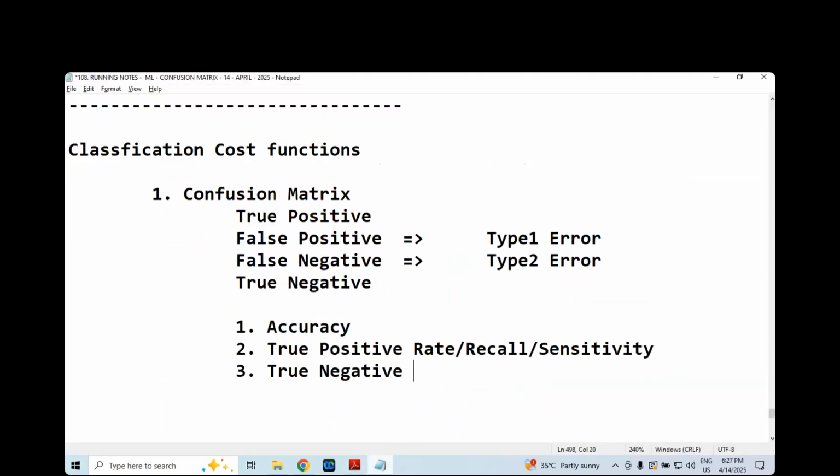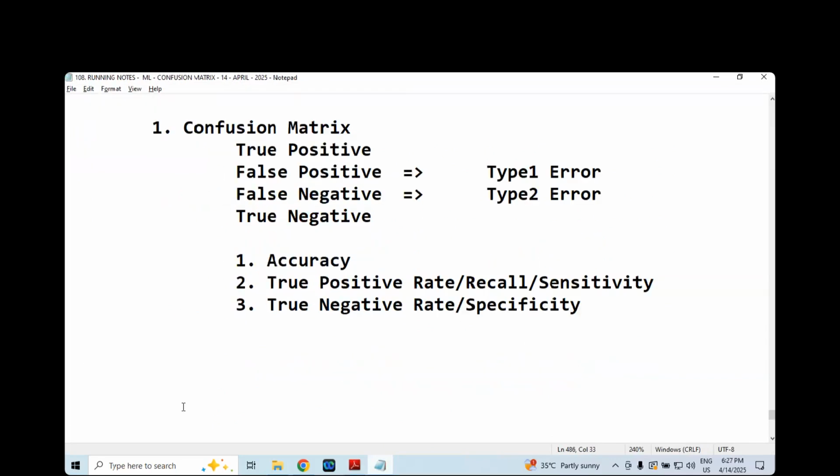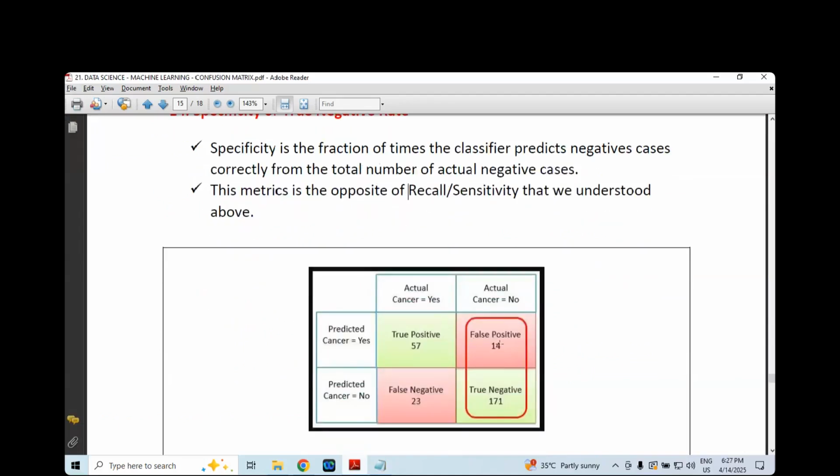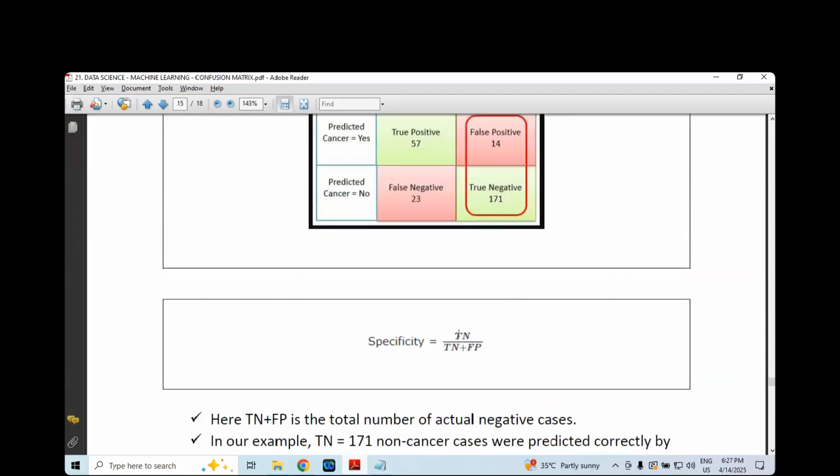Negative rate. This metric is the opposite of recall from previously. Can you guess the formula?